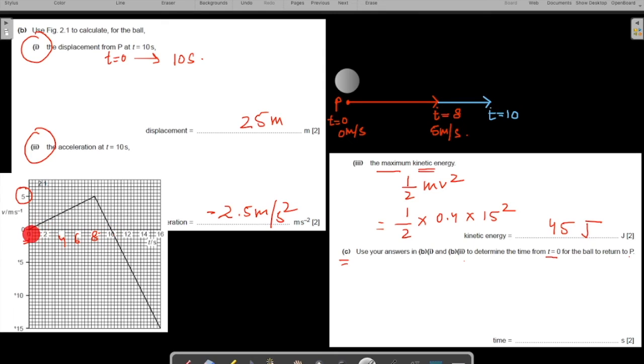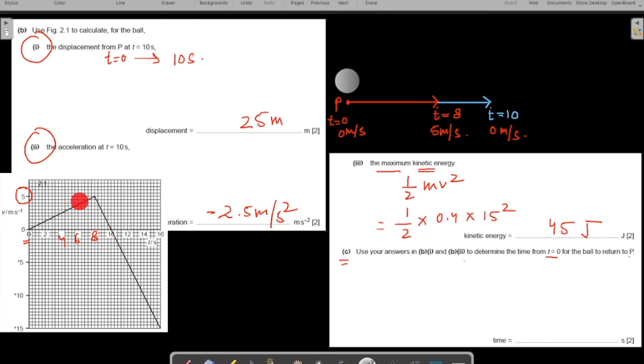Speed is 0. Speed has come down to 0 meters per second. So everything is happening in the same direction, but initially for the red arrow I am showing from 0 to 8 seconds, the speed is increasing, and from the 8th second to the 10th second the speed is decreasing, but everything is in the same direction.